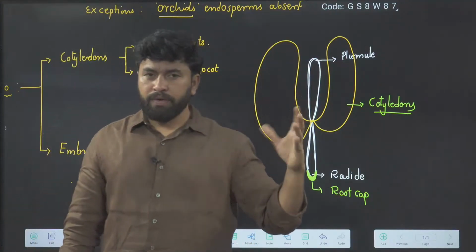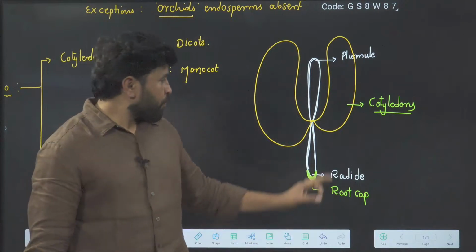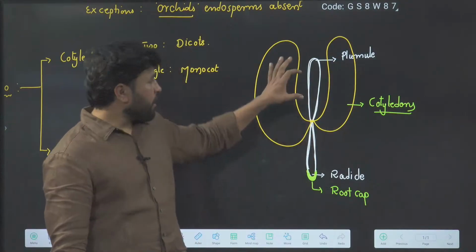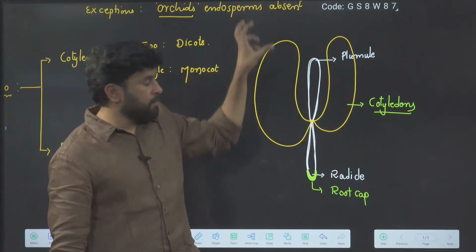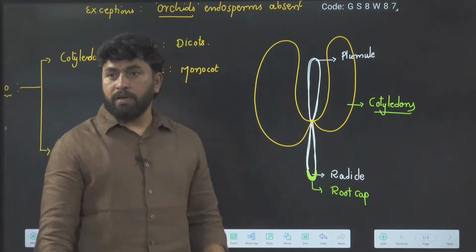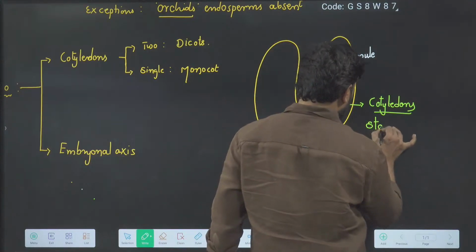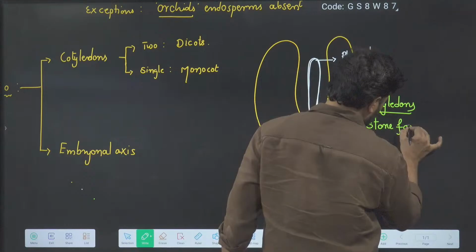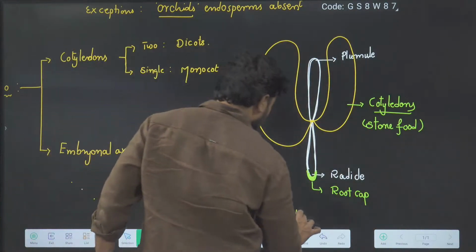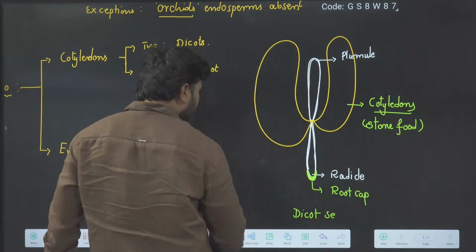In future, when the embryo is ready to germinate, the energy stored inside the cotyledons will be consumed, and the plumule will grow like a shoot system and the radicle will grow like a root system. That is the intention of the development of two cotyledons. I would say cotyledons store food. Well done. These are the parts present in a typical dicot seed, or exactly, a dicotyledonous embryo.